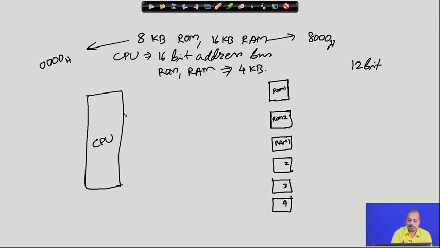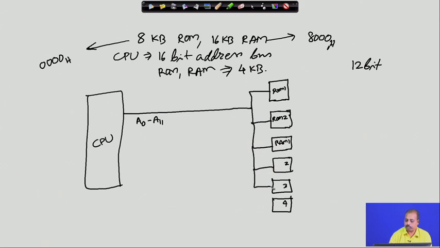So, from the address bus I take the lines A0 to A11. That is the 12 bit lines, and they go to the address lines of the individual chips.